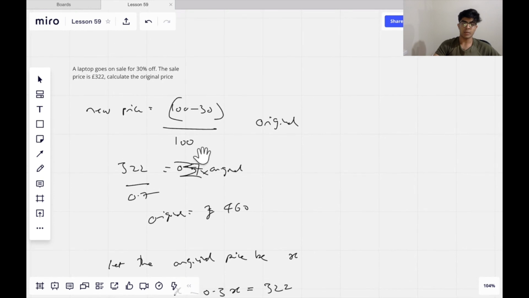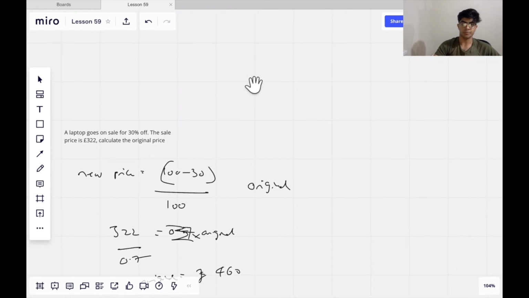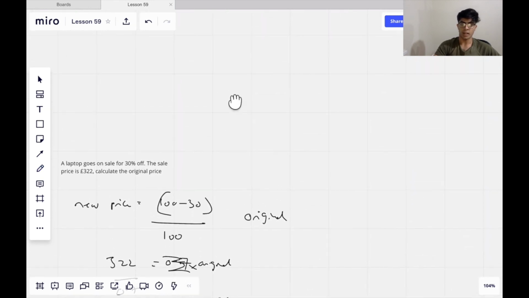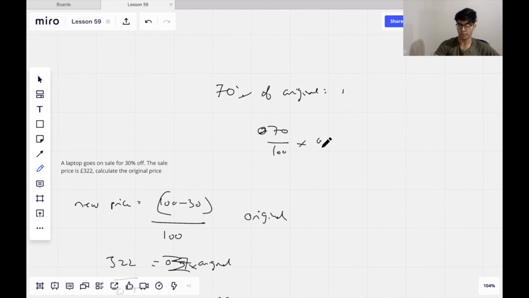And basically, if we know, for example, that something is 70% of the original price, and we want to calculate what 70% of something is, we just do 70 divided by 100 times our original value, right?